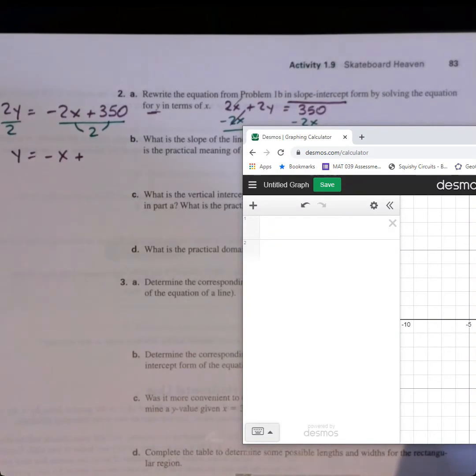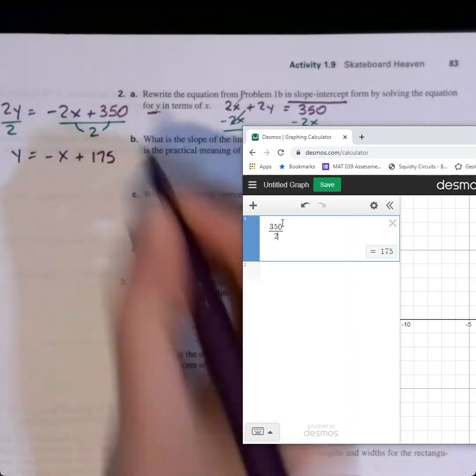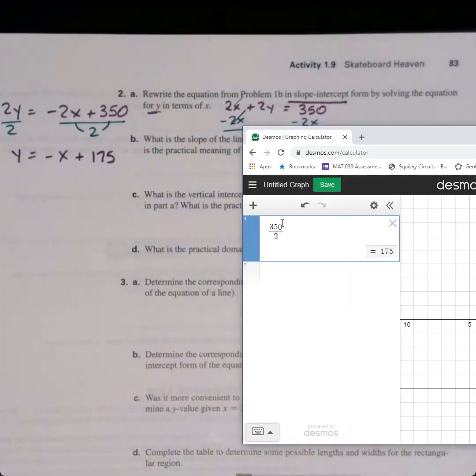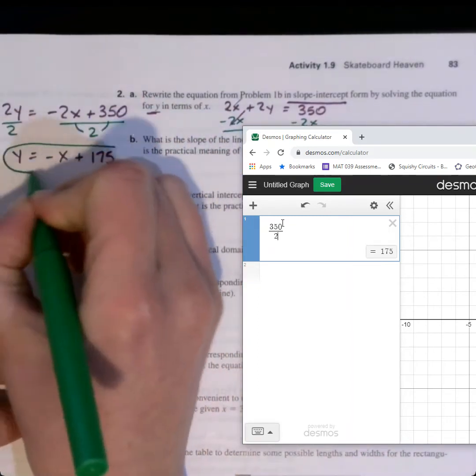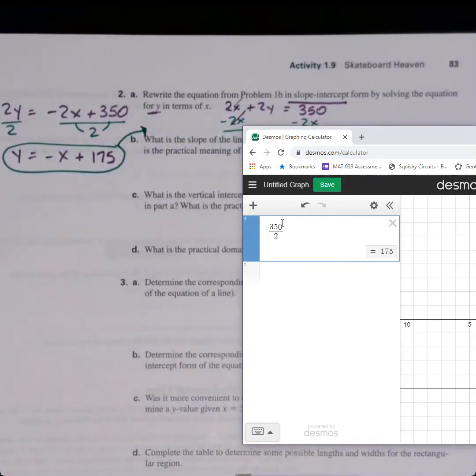We take our 350 and we divide it. There we go. 350 divided by 2, we get 175. So plus 175. Okay, so this is our equation rewritten in slope-intercept form.